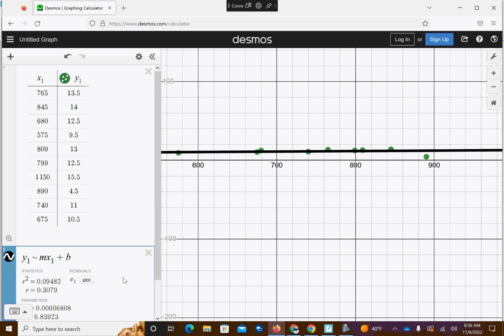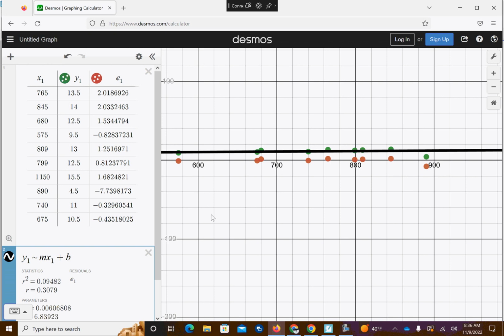So what tool should we also employ here to verify whether this seems pretty good or not, even though we have such a low R value? We could take a look at our residuals, and our residual plot is the red dots. So that verifies this a little bit. That's kind of nice.